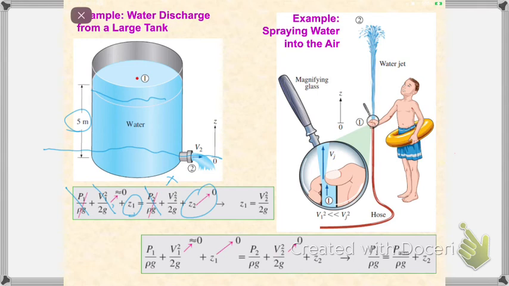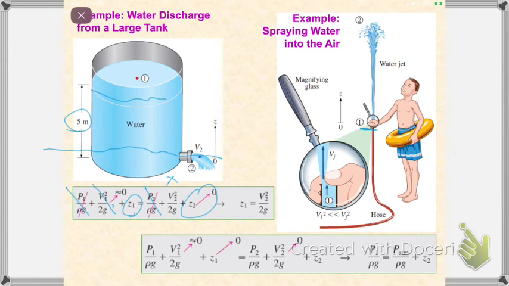Similarly, if you have a hose, this is what we always do at home when we wash our car, for example. We take 2 points here, 1 point there, 1 point there. Maybe the objective is to measure the pressure at the hose outlet. So you build the Bernoulli equation between point 1 and point 2.